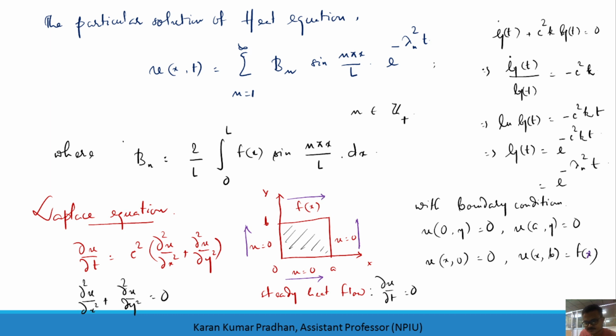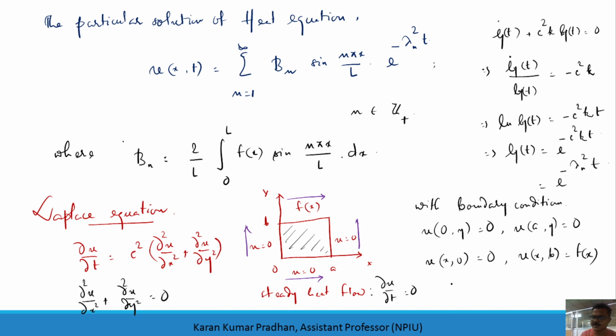Okay, let me write in the black ink here. So the solution is quite similar, that means we can use the product method or the variable separable method here also.